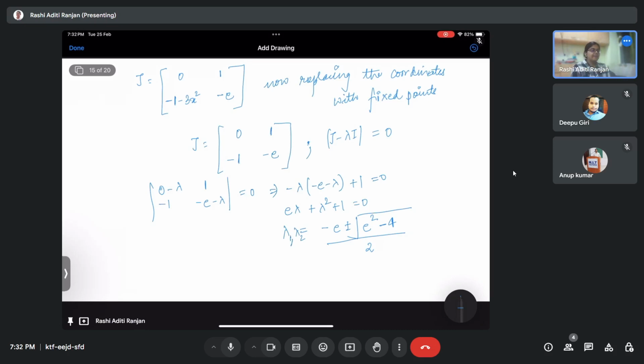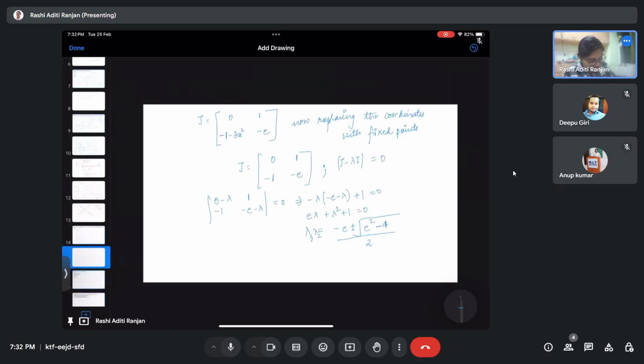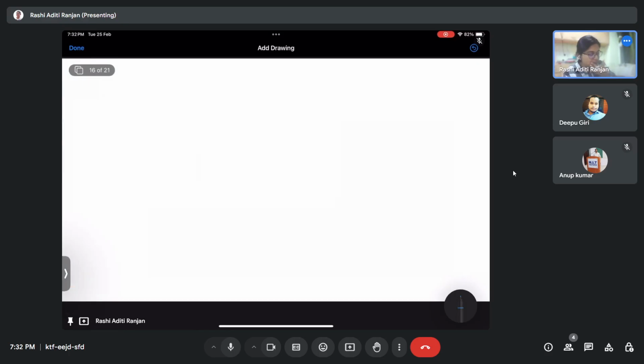Now you see, for the values of e, I'm going to have different kinds of stability of my fixed points, right? It would depend upon the value of e, right? So let us write it in this way. We have e square minus 4.